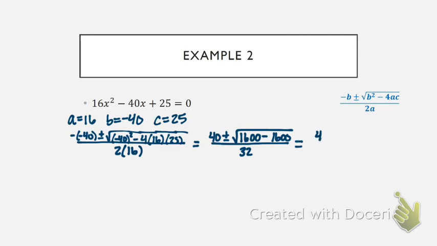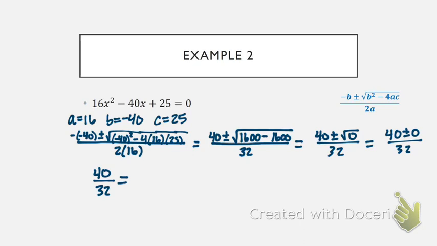So I end up with 40 plus or minus the square root of 0 over 32, which is 40 plus or minus 0 over 32, because the square root of 0 is in fact just 0. So then it's 40 divided by 32, which we can divide both of those by 8. So that's really just 5 over 4.